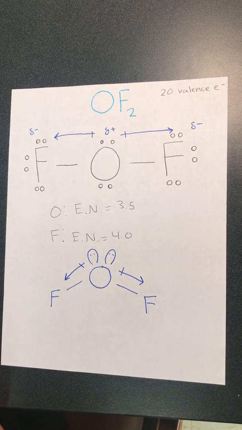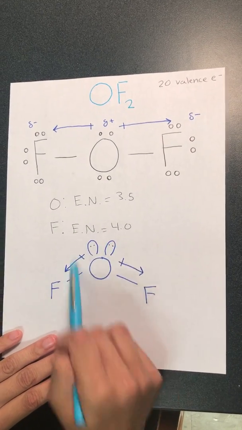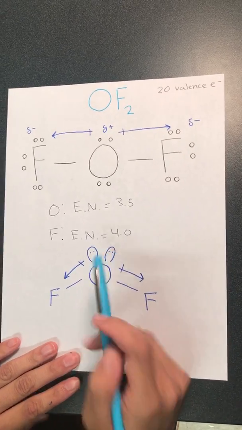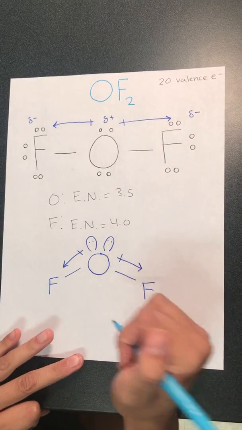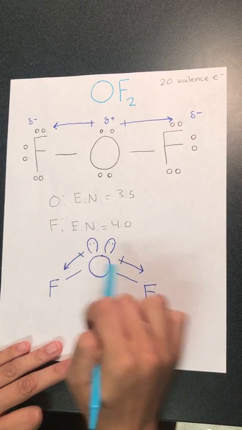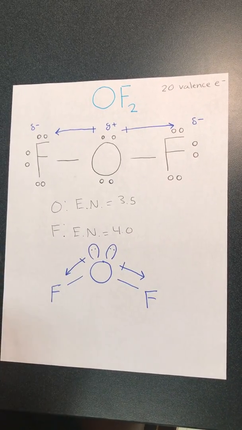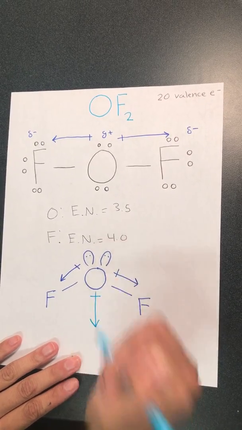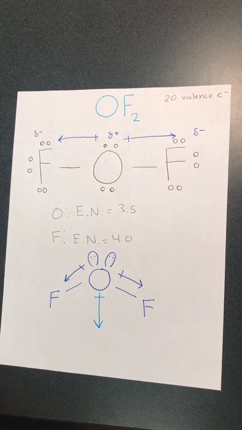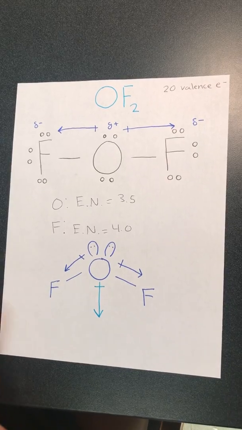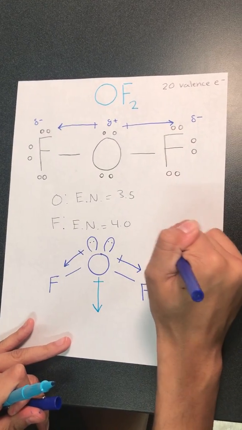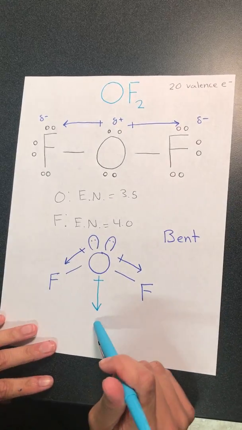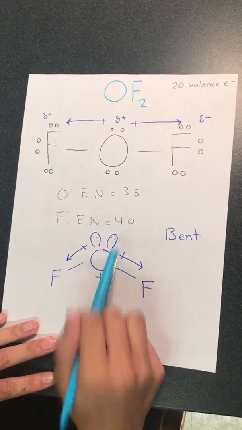Because all of the domains coming off of oxygen are not the same, we have 2 single bonds and 2 non-bonding pairs, there will be a net dipole, which you get by adding the 2 bond dipoles that you have. So the net dipole is going to be going down, and the molecular geometry is bent. And again, you get a net dipole because all the domains are not the same.